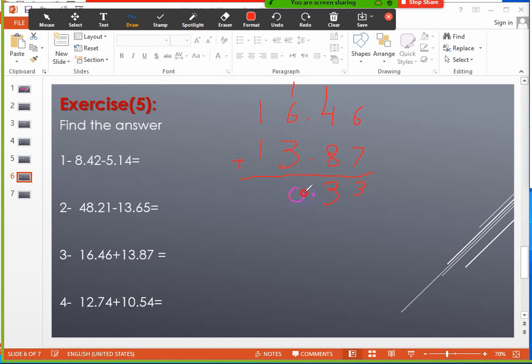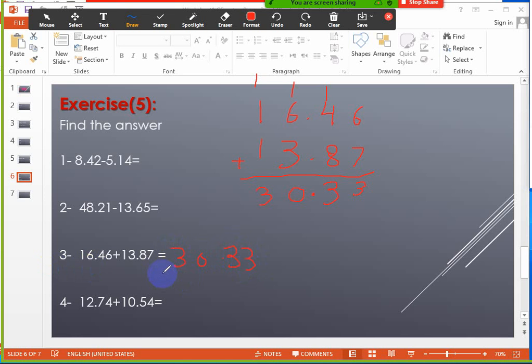So I have to put 0 here and 1 above the tens. 1 plus 1 equals 2 plus 1 equals 3. So the answer is 13.33. This is the answer for number 3.